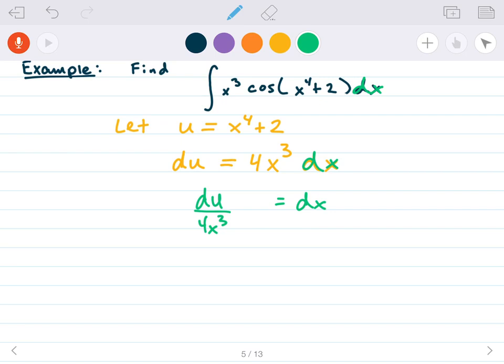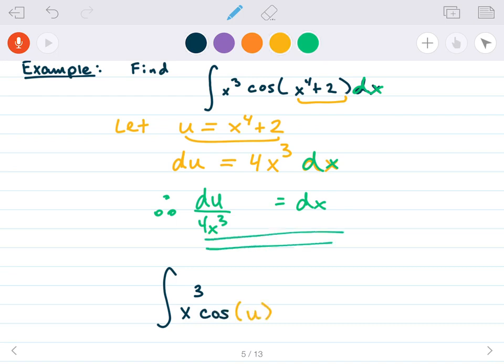And what's happening here is I made a good substitution. And why is that? Well, because if I put u back in here, I'm going to rewrite this. I get x to the 3 times the cosine of u times dx. Well, what is dx?